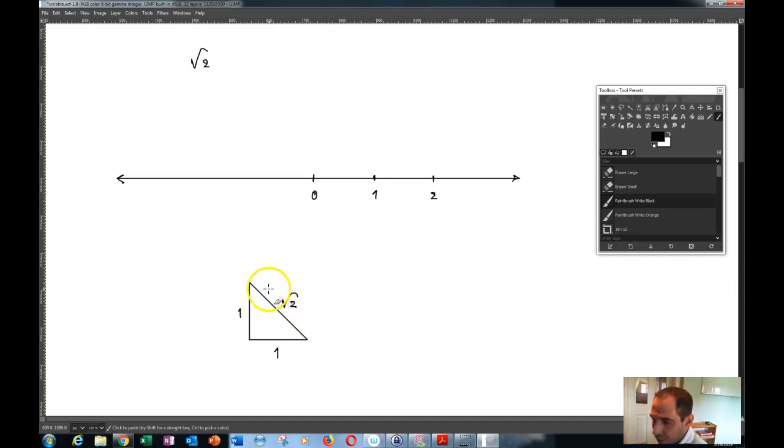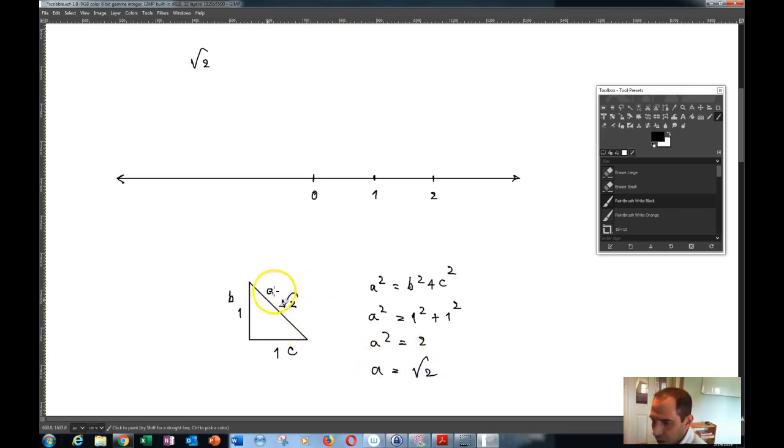well, you know that if you take this length as A, this length as B, and this length as C, based on the Pythagorean theorem, A squared is equal to B squared plus C squared. So if you know the length of these two sides, then A squared is equal to 1 squared plus 1 squared, which is equal to 2. So A is equal to the square root of 2.